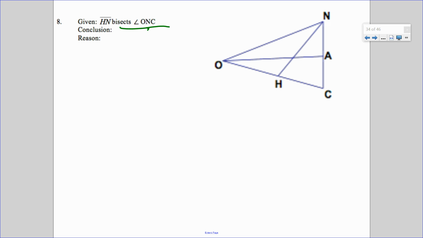So I'm looking at N. Those are my two congruent angles. It doesn't say anything about O. You might be saying, well, it looks like O is cut exactly in half, but I don't know that. I can only go by what they give me. I'm not going to write out the rest of it. I just wanted you to understand that concept. You can only go by what they give you.